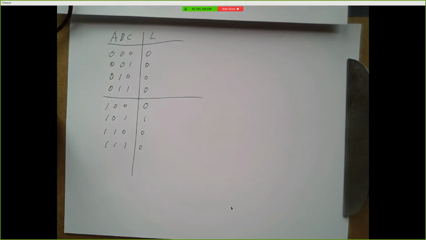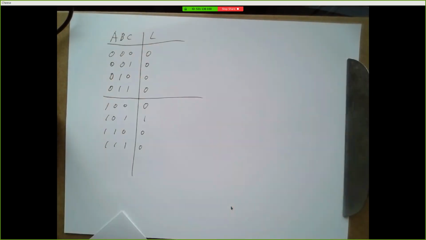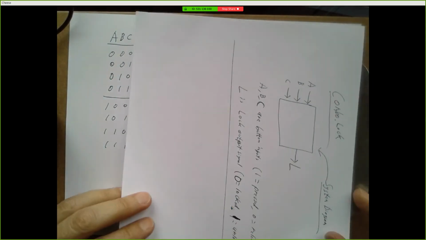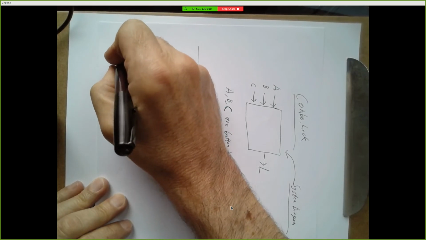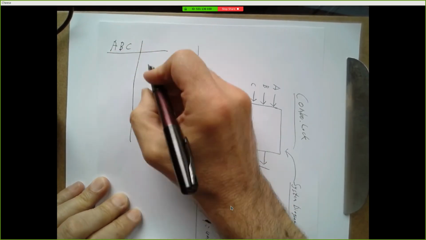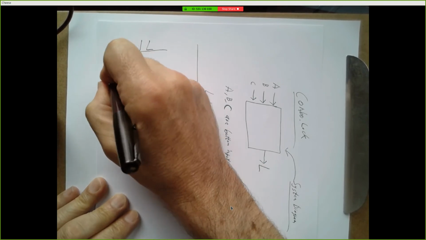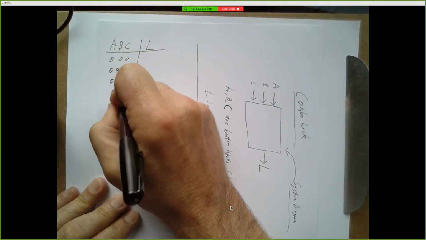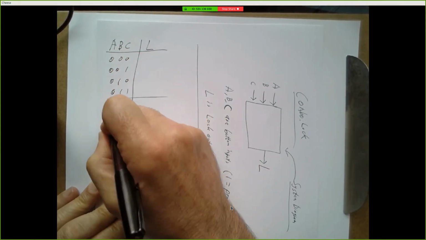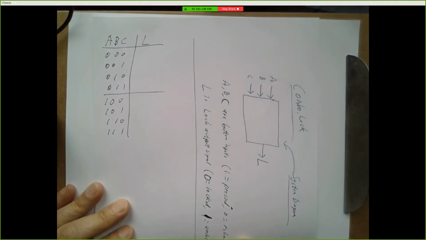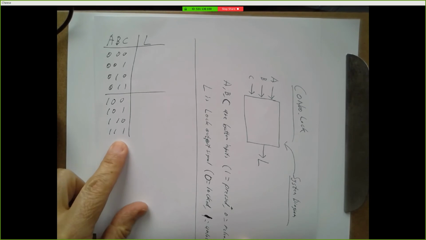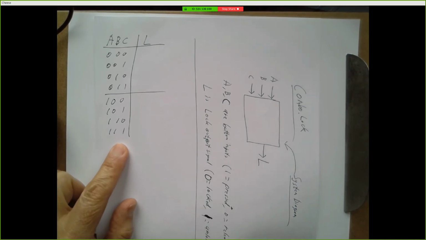All right, so this is what we want. Let me show you a slightly easier version of this system. Suppose somebody had said, let's unlock the door when the combination 111 is put in.